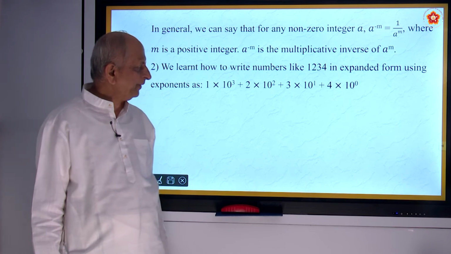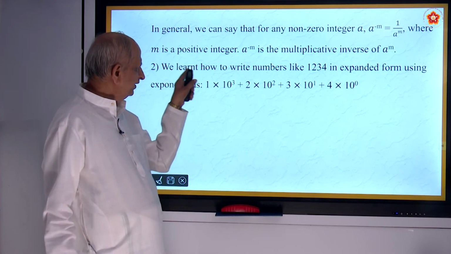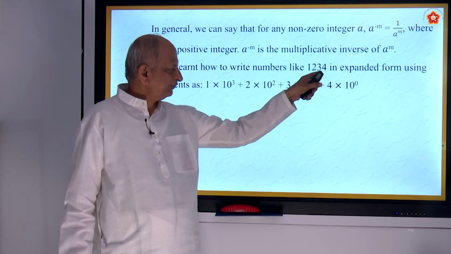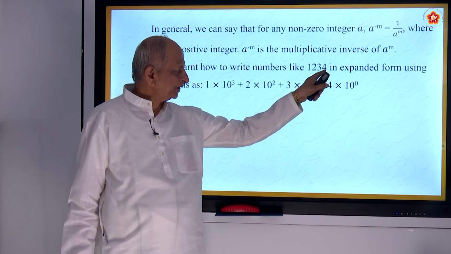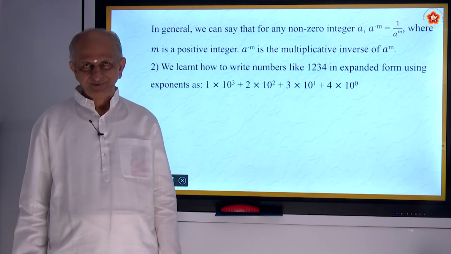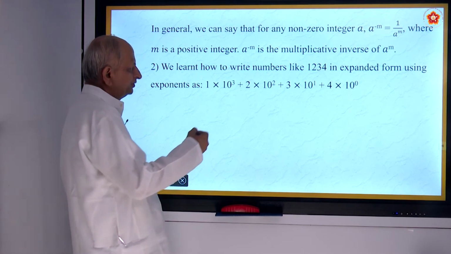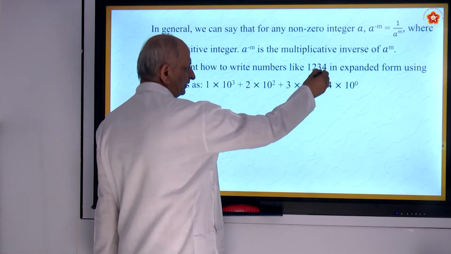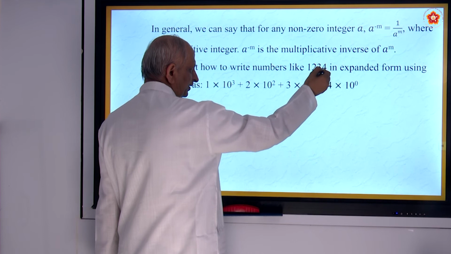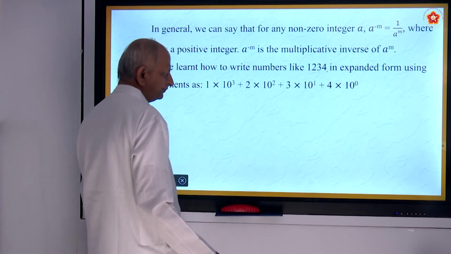Now coming to the second point, as we started our discussion, we learnt how to write the number 1234 in expanded form. That is what you studied in previous classes, primary classes. So here this is unit place, tens place, hundredth place, thousandth place.